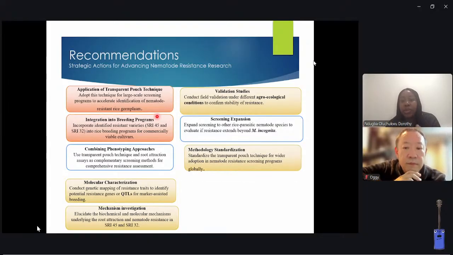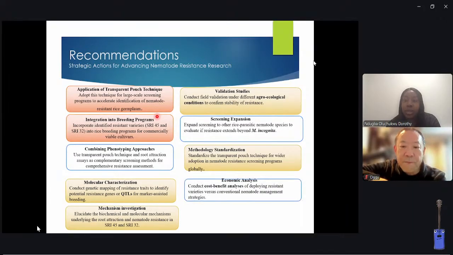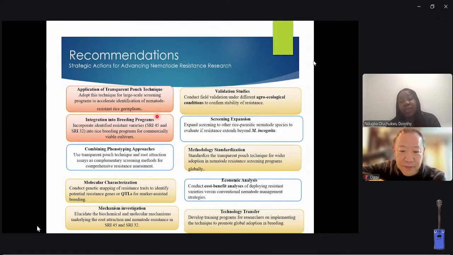And as well, the transparent pouch can be adopted for other crops. It shouldn't be only in rice. If you want to check the crops that are resistant to nematode, you could use it in other crops as well, because it conducts a cost-benefit analysis, so it's advisable to use it in other research.